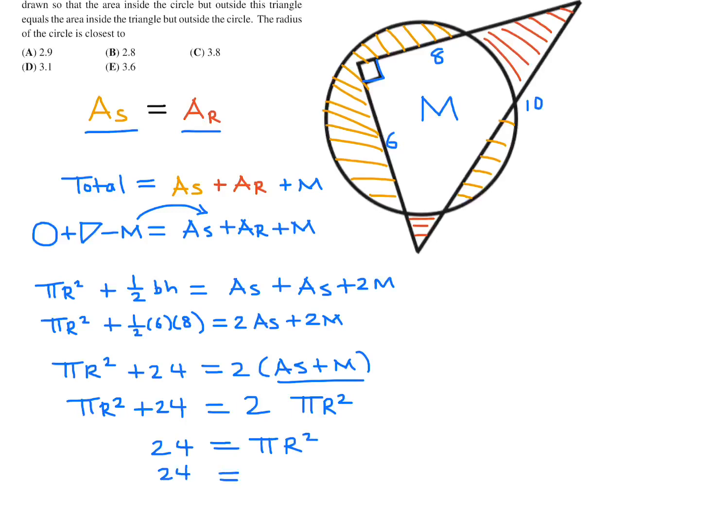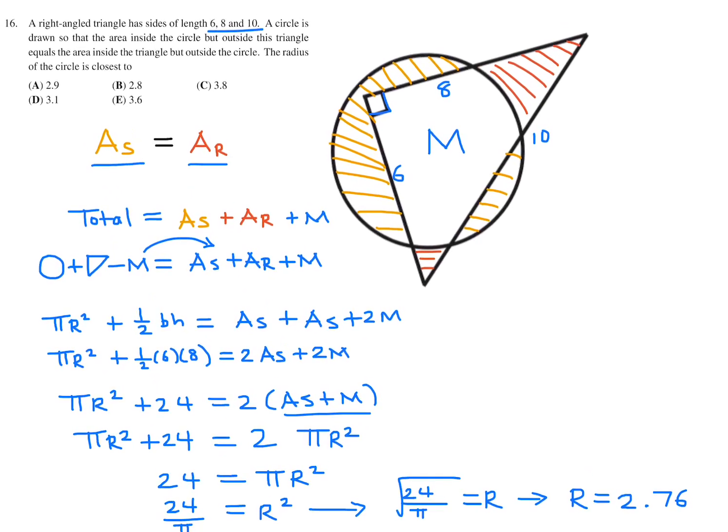And therefore 24 over pi is r squared. And therefore the square root of 24 divided by pi is going to be r. And if you do that, you will get r is equal to approximately 2.76. So therefore the answer to number 16 is closest to B, 2.8.